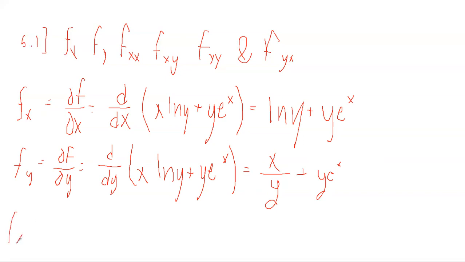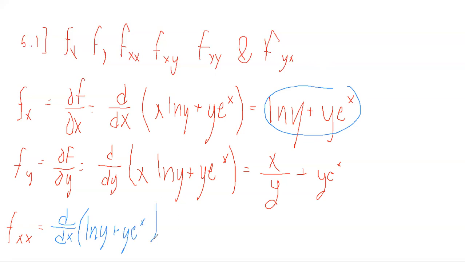Your f of xx, all you're doing for this one is you're going to use what you found for your f of x, which is ln of y plus yex, and you're just going to find a derivative of that. So the derivative with respect to x of whatever you found for f of x. So it's going to be ln of y plus yex.